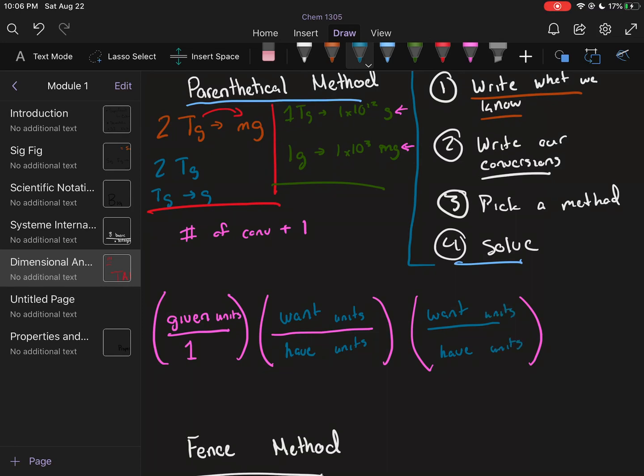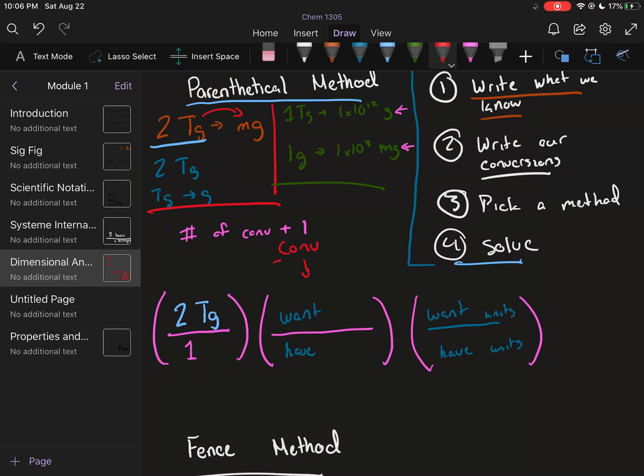What do I mean by want over have, right? So let's take this step by step. Actually, what are we given? So we are given 2 teragrams, right? And what do I mean by want over have? Well, this is where we use our conversion ratios.